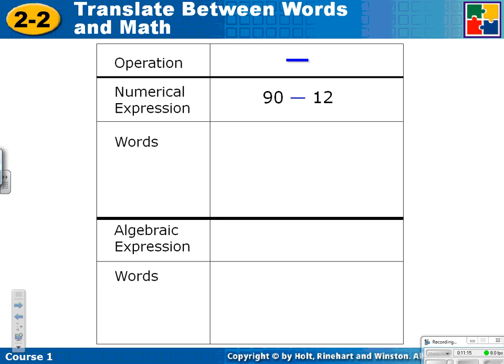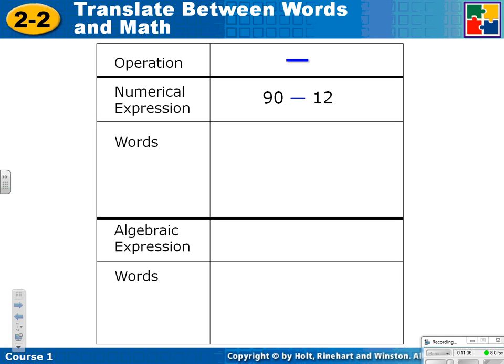Somebody tell me, what do you think you can say for this? What are a couple of different ways you can say this? 12 taken away from 90. You have to say it that way. You can't say 90 from 12 because that's different.